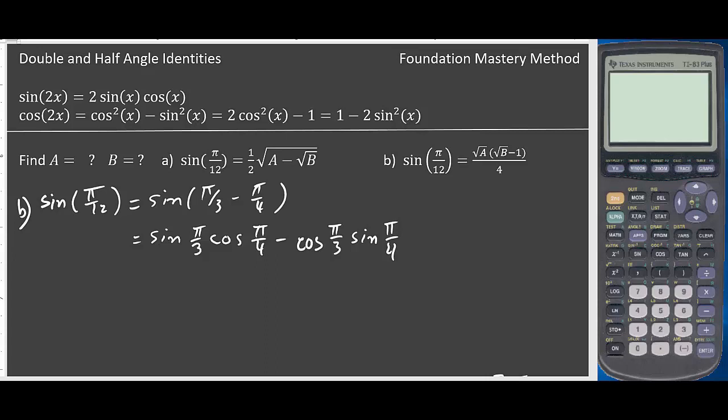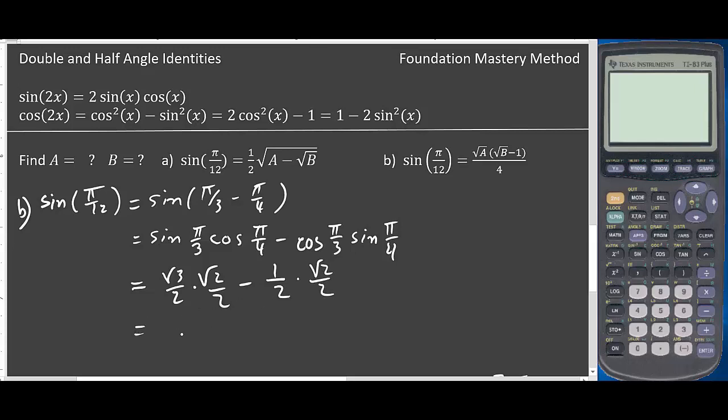We are writing sine pi over 12, which is sine of pi over 3 minus pi over 4. So apply the sine x minus y formula: sine x cosine y minus cosine x sine y. Now plug in the values. You have sine pi over 3 is radical 3 over 2, and cosine pi over 4 is radical 2 over 2, minus cosine pi over 3 is 1/2, and then sine pi over 4 is radical 2 over 2.